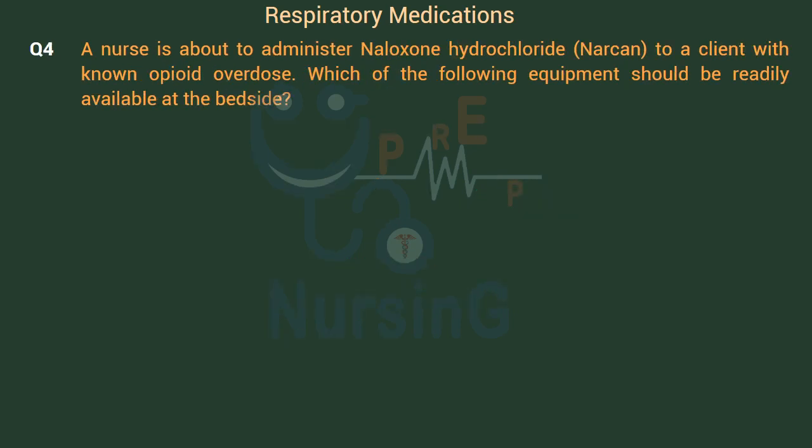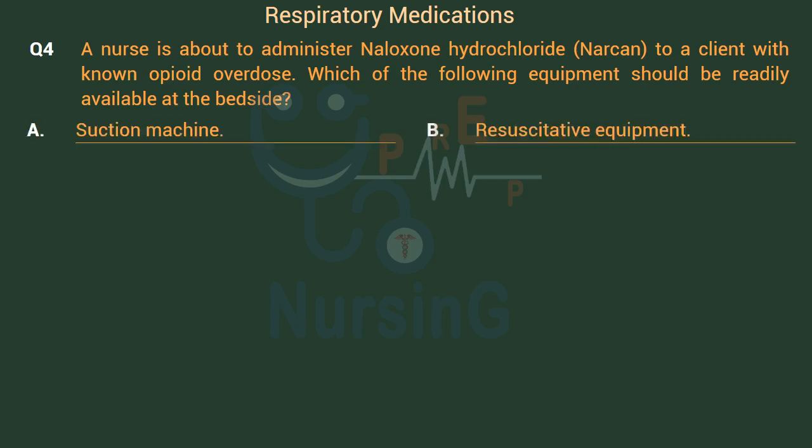A nurse is about to administer Naloxone hydrochloride, Narcan, to a client with known opioid overdose. Which of the following equipment should be readily available at the bedside? Option A. Suction machine. Option B. Resuscitative equipment. Option C. Nasogastric tube.